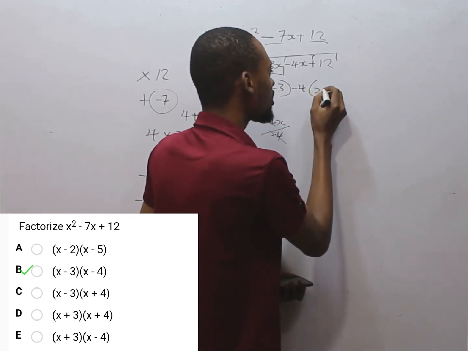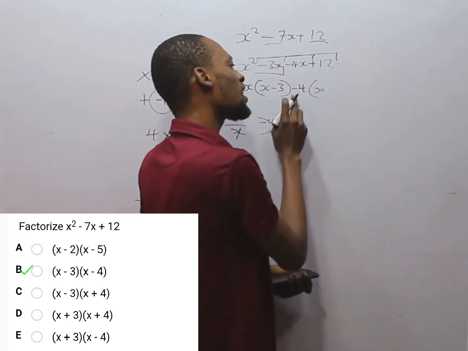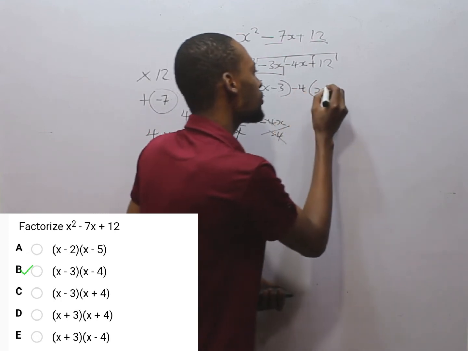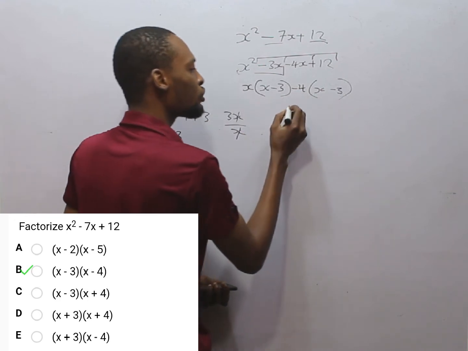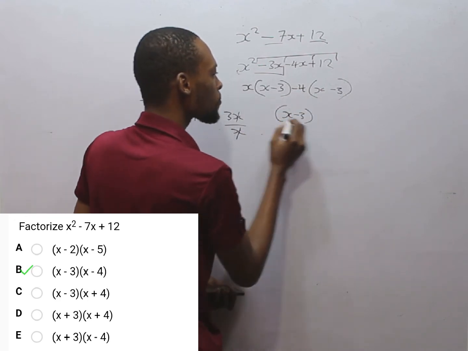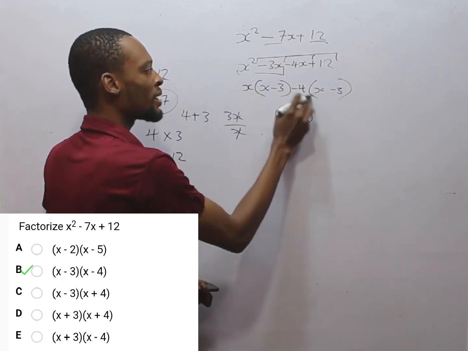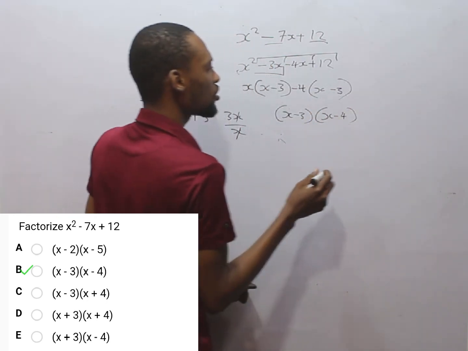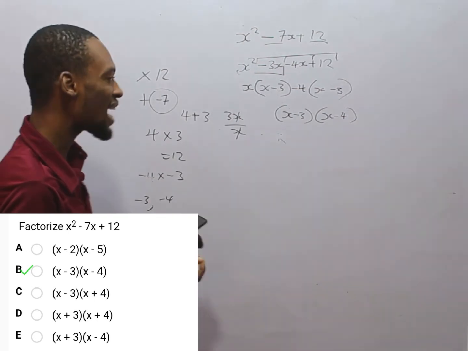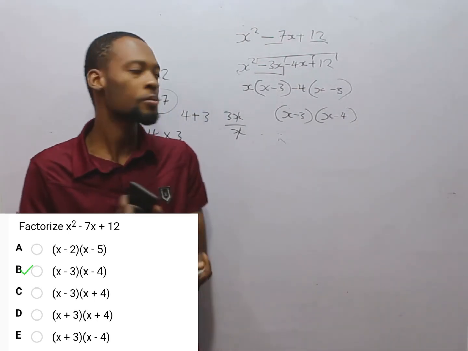So s remains here. 12 divided by minus 4 will give you minus 3. So here and here are similar. We pick one, s minus 3. What is outside? s and minus 4. We group them together, s minus 4. So that is it. We've factorized this quadratic expression.